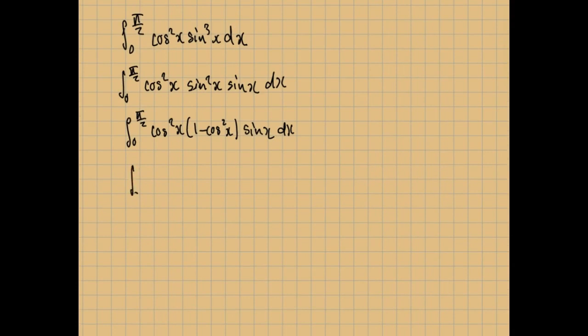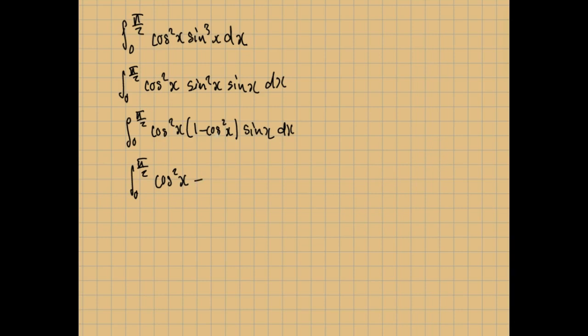Okay, so here it's the integral from 0 to pi over 2 of, what you're going to do is just expand this. I'm going to multiply everything by cos squared, and I'm going to have cos squared x times 1 as cos squared x.